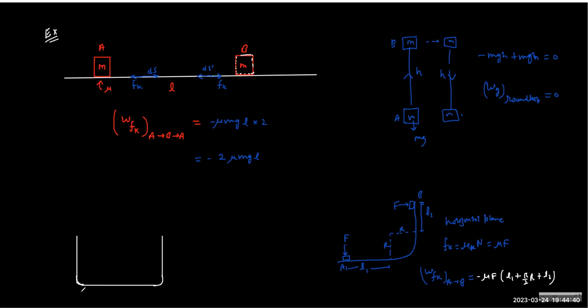Okay. So the bottom is rough and the length is L. The height is H. So you release something from height H. It falls along the wall. Okay, I can tilt.